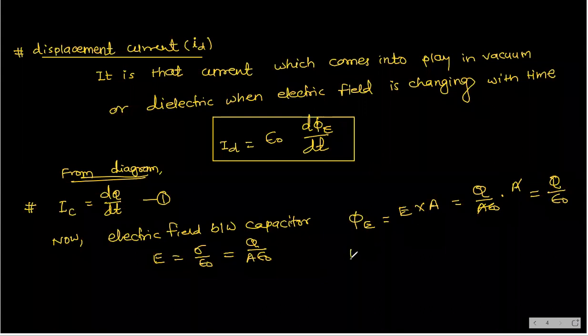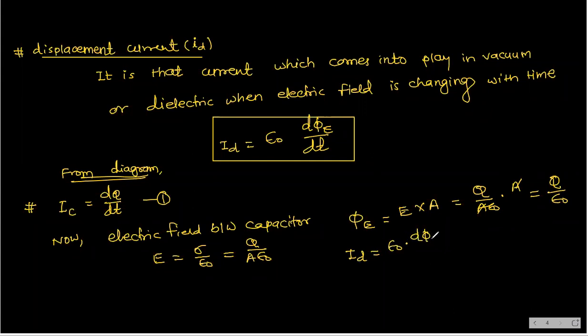Now displacement current Id is equal to epsilon naught into d phi by dt, and this is equal to epsilon naught into dq by dt into 1 by epsilon naught.